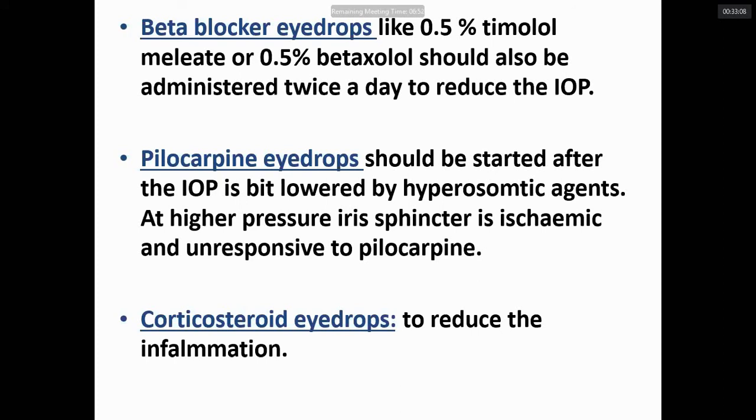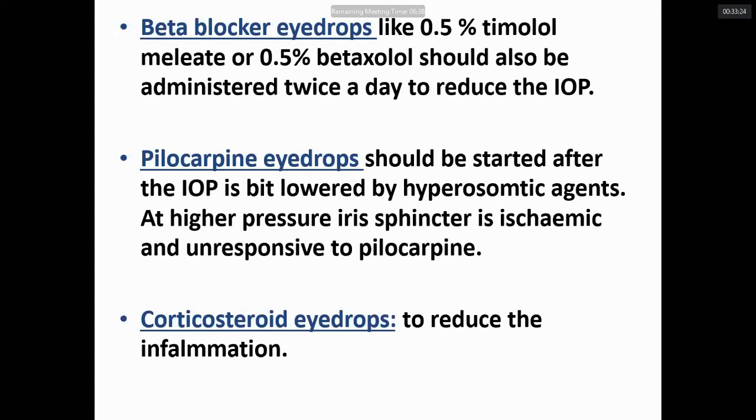Pilocarpine is not started soon; it is started after the hyperosmotic agent lowers the IOP, because at high pressure the iris sphincter is ischemic, so pilocarpine doesn't act there.